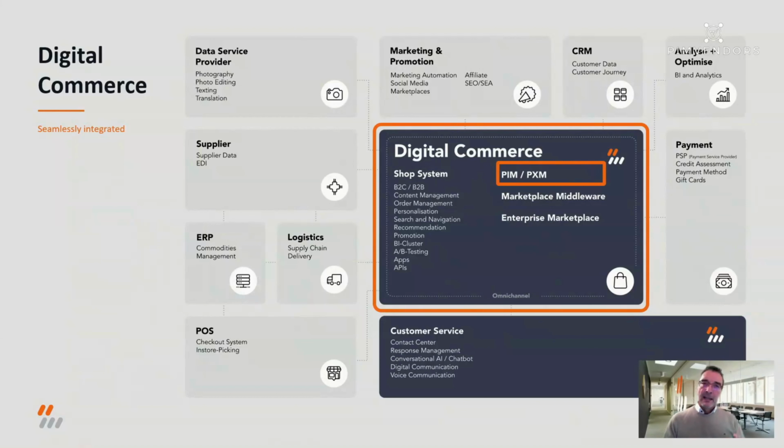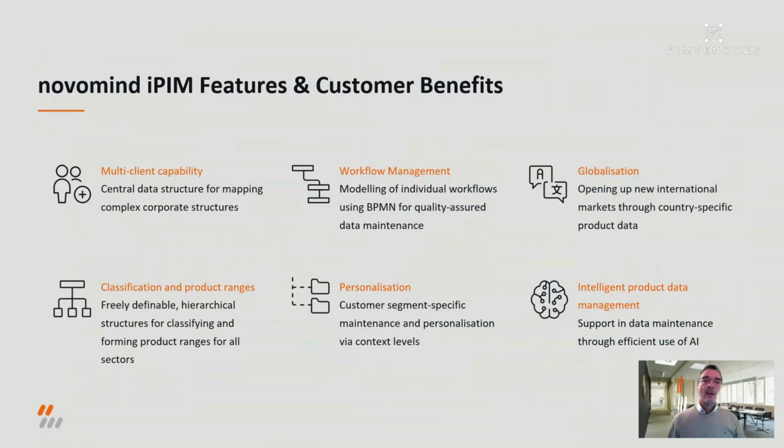And like any other novomind product, iPIM is always implemented custom fit and seamlessly into companies' existing system landscape, as outlined in this chart here. Thanks to a comprehensive and rich set of features and functions out of the box, novomind iPIM supports all facets of product data management processes.